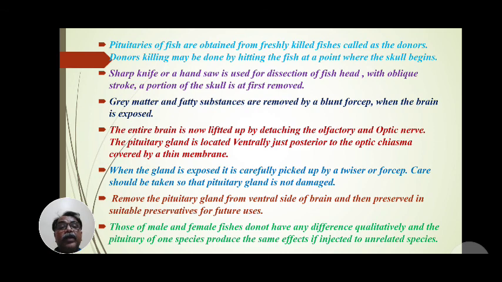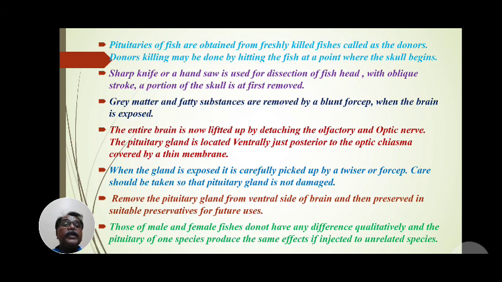optic nerve. First we locate the brain, then the upper skull part is removed. When the upper skull part is removed, the brain is entirely exposed. Then, after exposing the brain, the fatty substances, grey matter, or the liquid deposited around the brain are sucked out and removed.